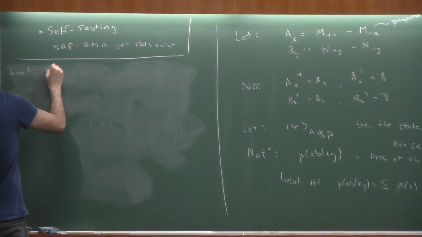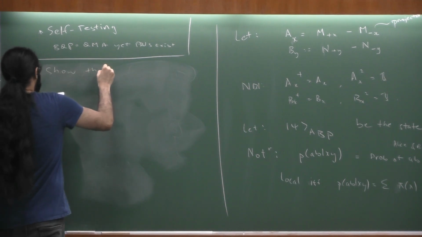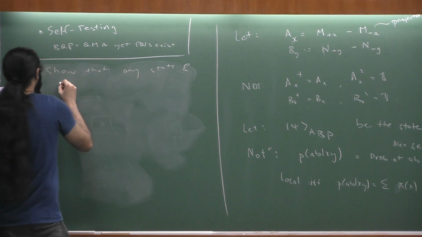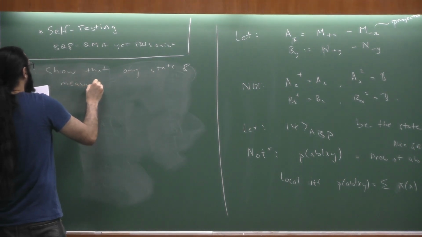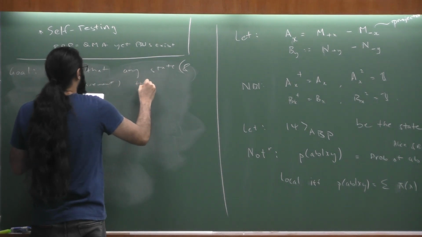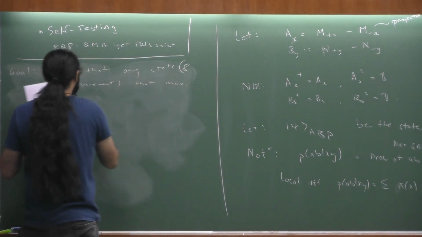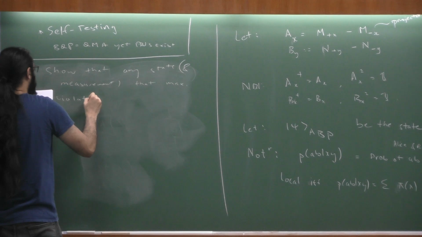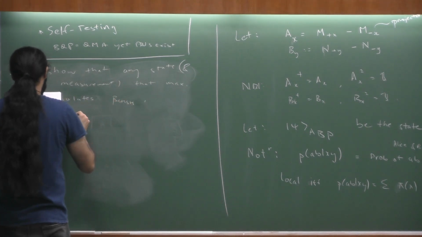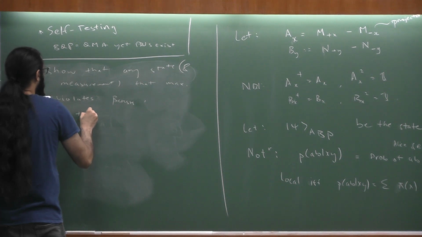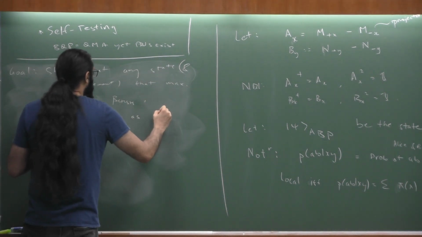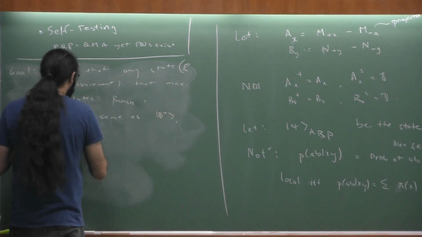The goal is to show that any state and measurement, we'll only do it for state for the moment, but you can also generalize it to measurement, that maximally violates beta CHSH is the same as phi plus, up to local isometries.